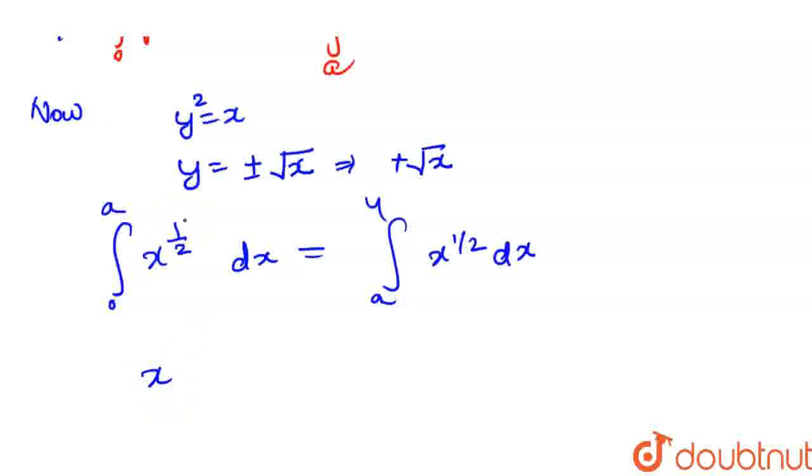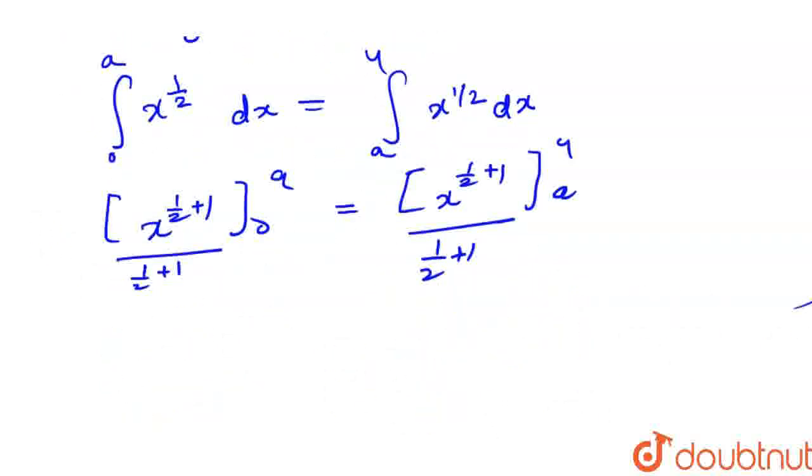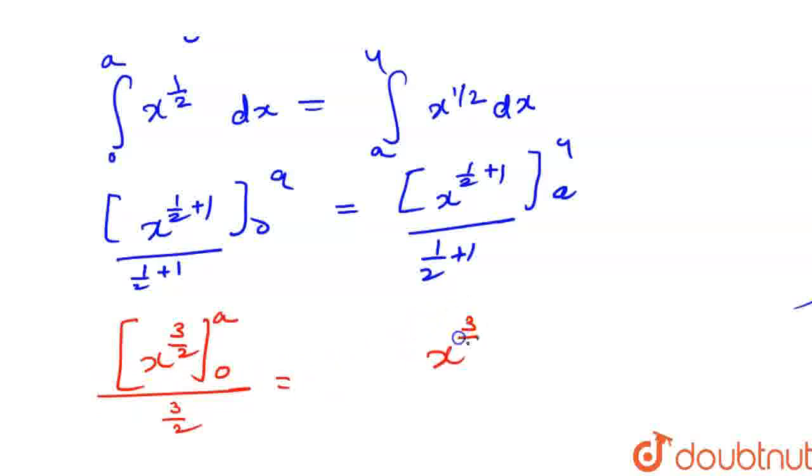Integration will increase the power by 1, so half plus 1 upon half plus 1 with limits from 0 to a. Similarly on this side it will be half plus 1 upon half plus 1 with limits from a to 4, right? Now this will come out to be x to the power 2 plus 1 is 3 by 2, so x to the power 3 by 2 from 0 to a, and this will also be 3 by 2, x to the power 3 by 2 from limits a to 4.